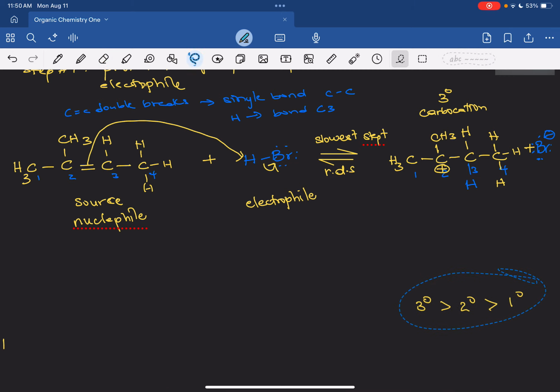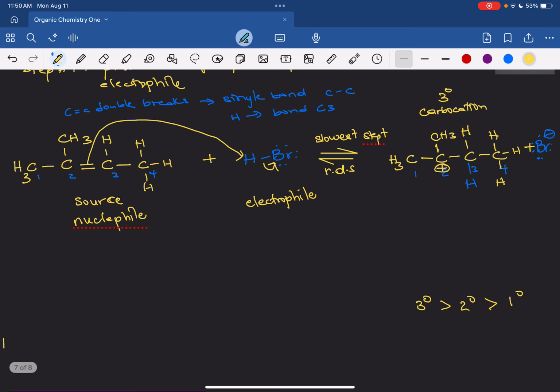So let's redraw the alkene in question, and we're going to disobey Markovnikov's rule. I'm going to show you why he's right. They don't just get up and give people PhDs. They've got to make some sense with whatever they present.